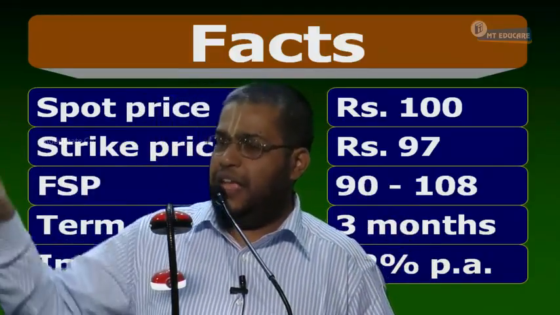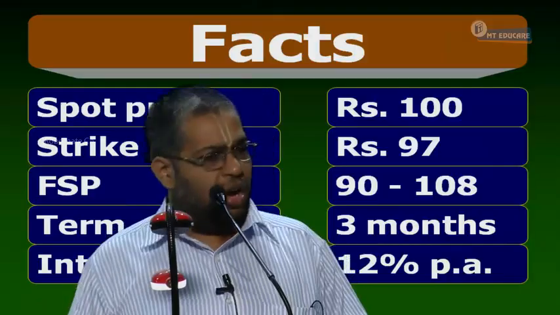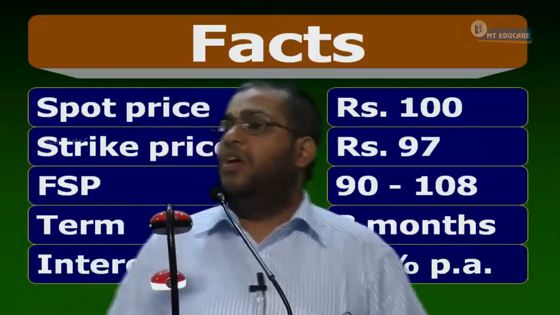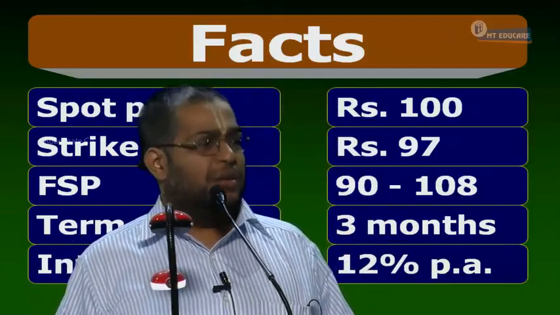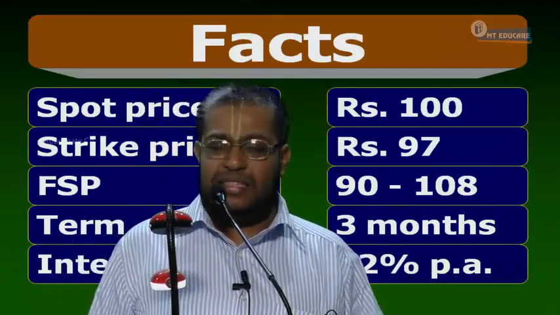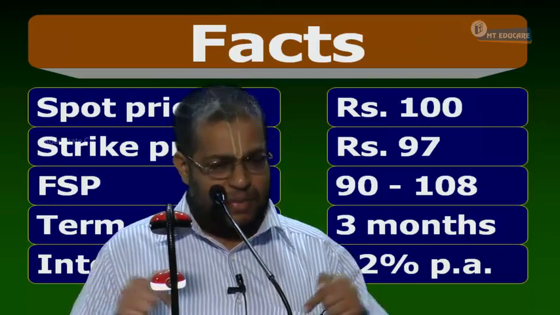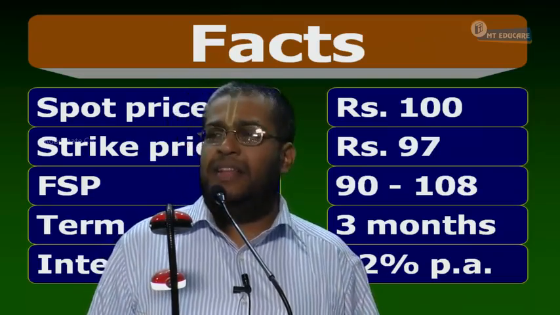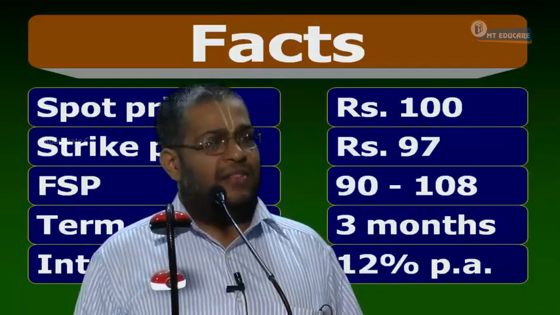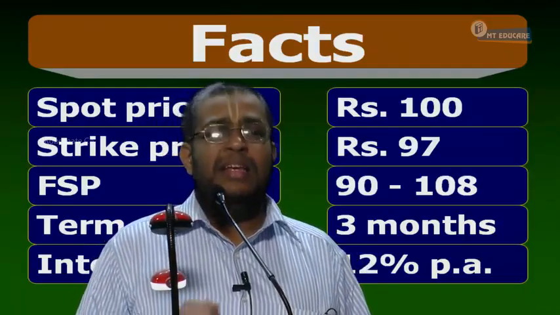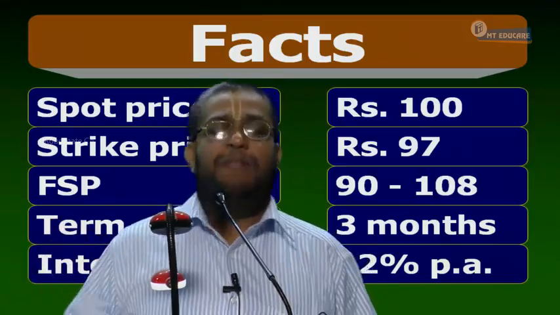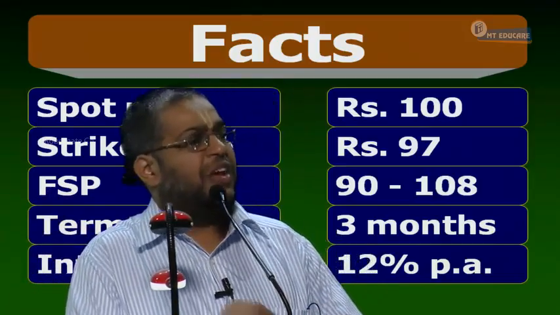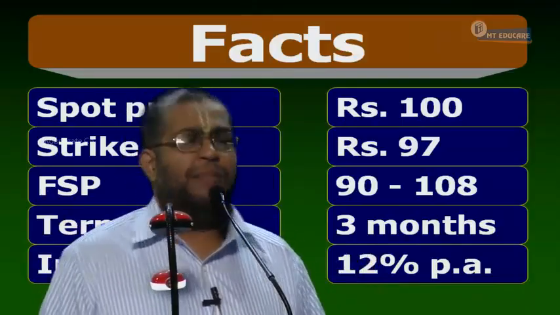Options are traded in the F&O segment, where we have call option as well as put option. What put call parity says is that if the two options, call option and put option, are written on the same share, having the same underlying asset, the same strike price and the same maturity period, then the share price, the call option price and the put option price should satisfy a parity, called put call parity.